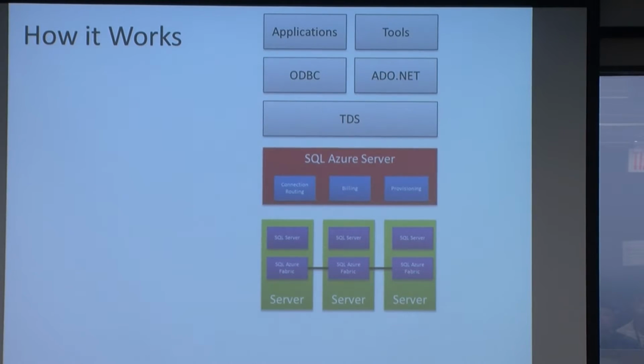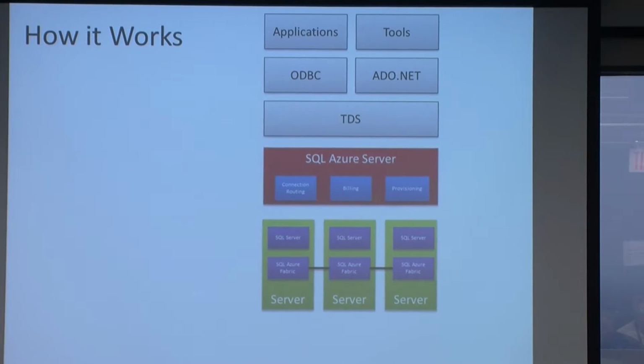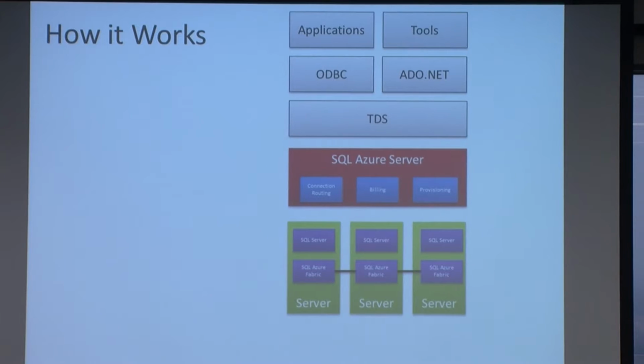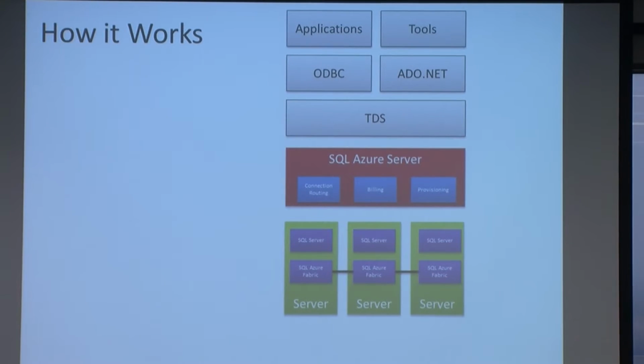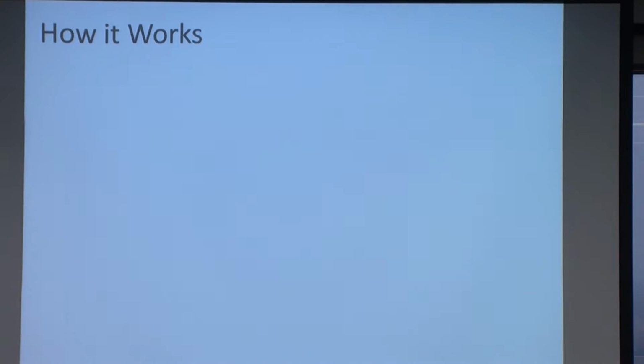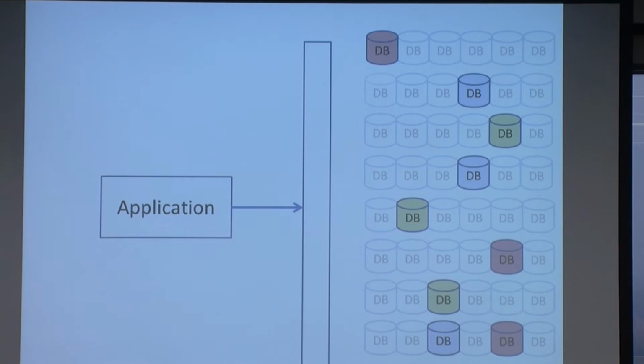Behind the scenes then, you have multiple commodity servers, the server hardware that I showed in that shipping container, and some of those are running SQL Server. When you create a new database, it will be placed into one of these actual SQL servers that's running there. But like we saw on this slide back here, you don't know who your neighbors are.